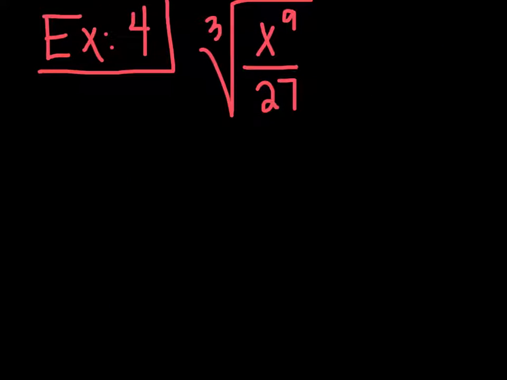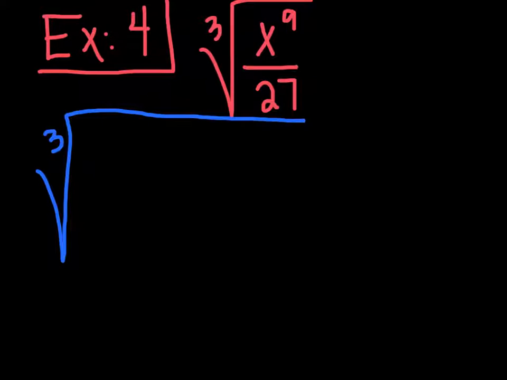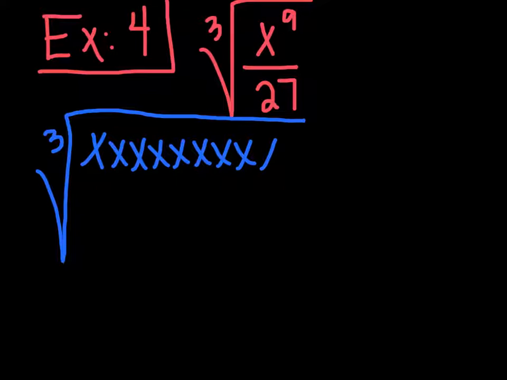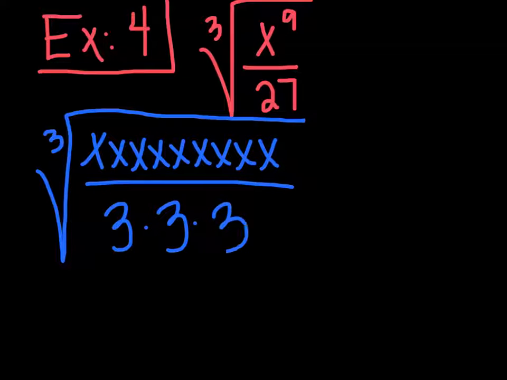Okay, so same idea. Root is 3. And this next example, except now we have 9 x's up in the numerator of our fraction and 27 in the bottom. Well, we've already looked at this once before. Okay, so there are 9 x's. And we already broke down 27 a couple examples ago, so it's going to be 3 times 3 times 3.